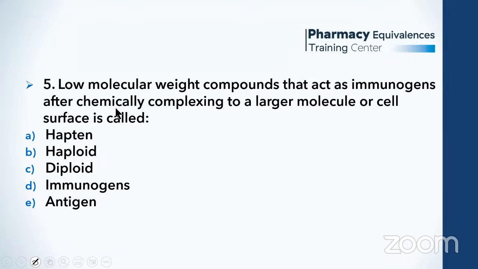When we have a small compound that does not affect the immune system in any way, but when it binds to a large molecule like a protein, it becomes immunogenic and stimulates the immunity. What is this compound? It is hapten. Yes, it is hapten.